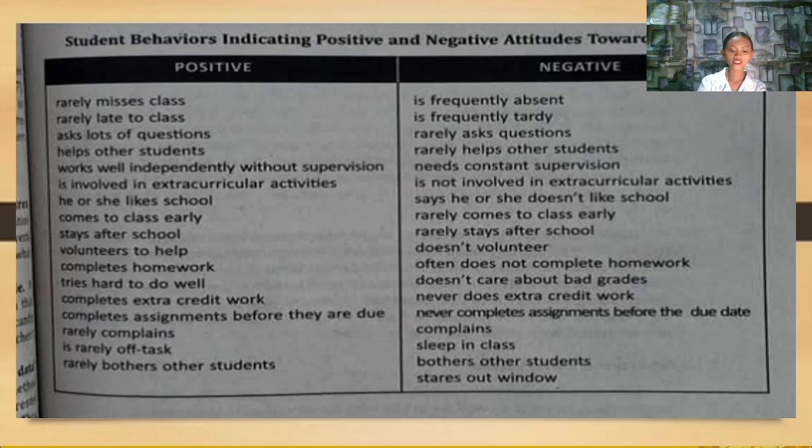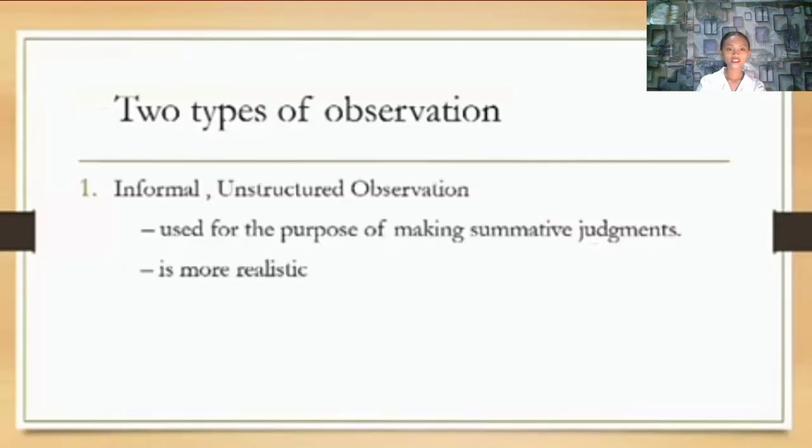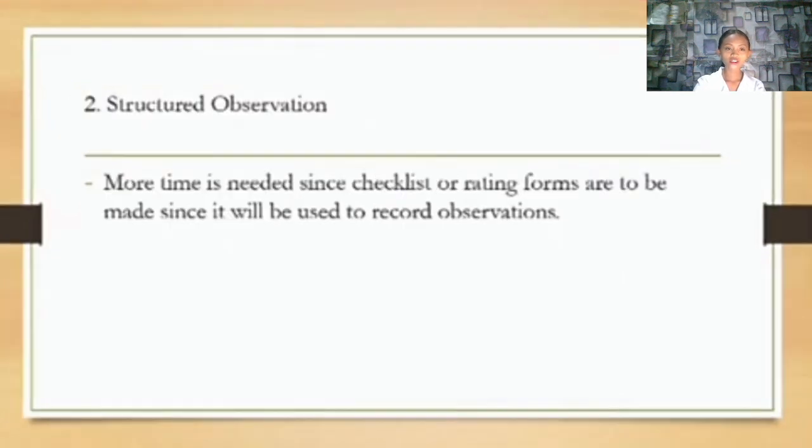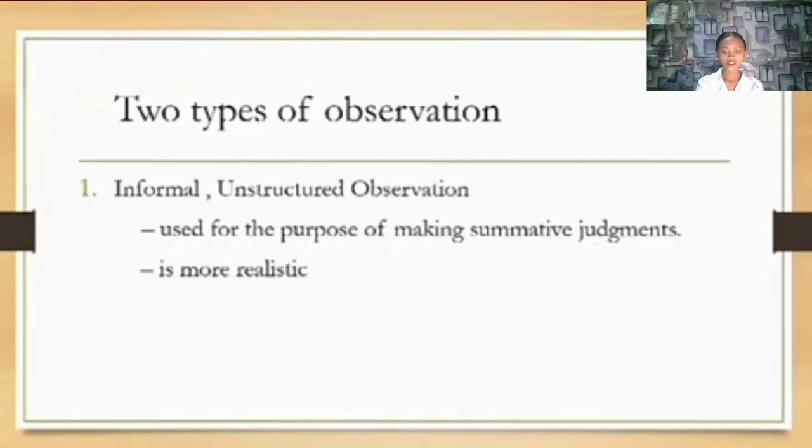After the list of behaviors has been developed, the teachers need to decide whether to use informal or unstructured observation or structured observation. These two types of observation differ in terms of preparation and what is recorded.